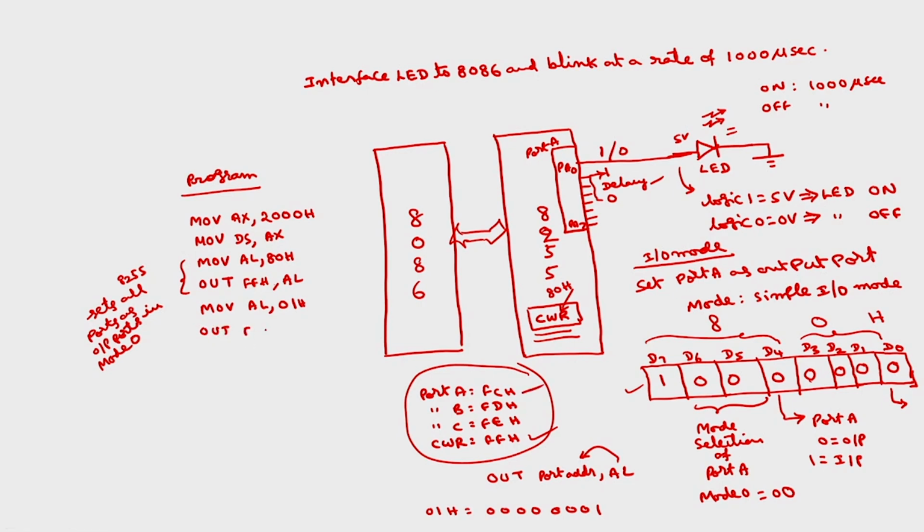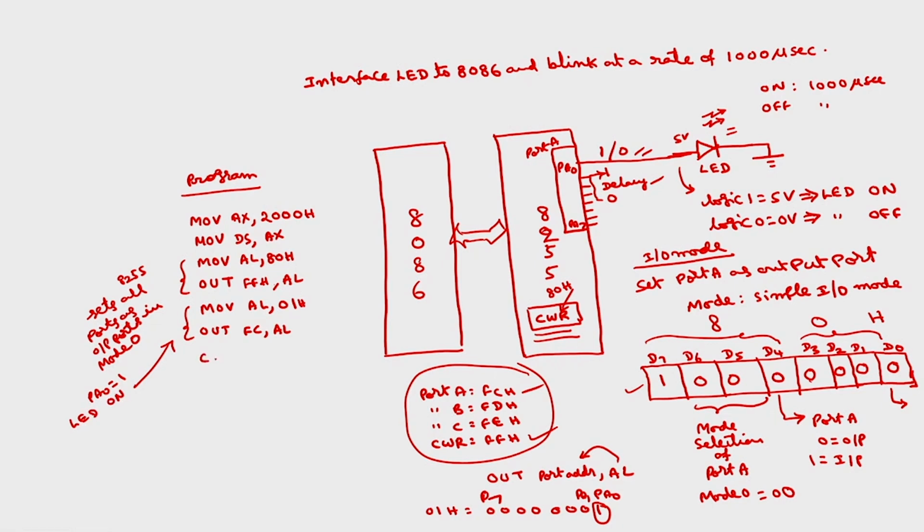I want to output this data onto FCH, port A. After these 2 instructions, what happens? This is PA0, this is PA1 and so on up to PA7. So, PA0 becomes 1. PA0 is connected to the LED, so the LED will glow. With these 2 instructions we can turn on the LED.